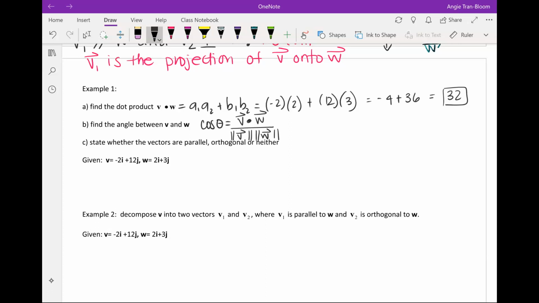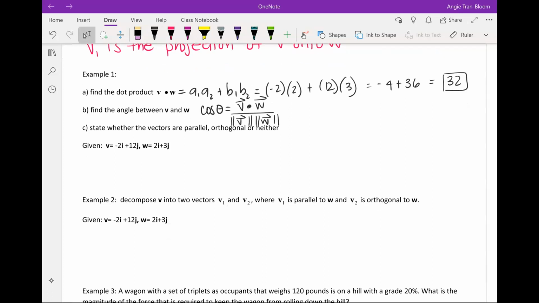Do we already know the dot product of V and W? Yes, so nice. So now we just have to calculate the magnitudes. The dot product on the top is 32.